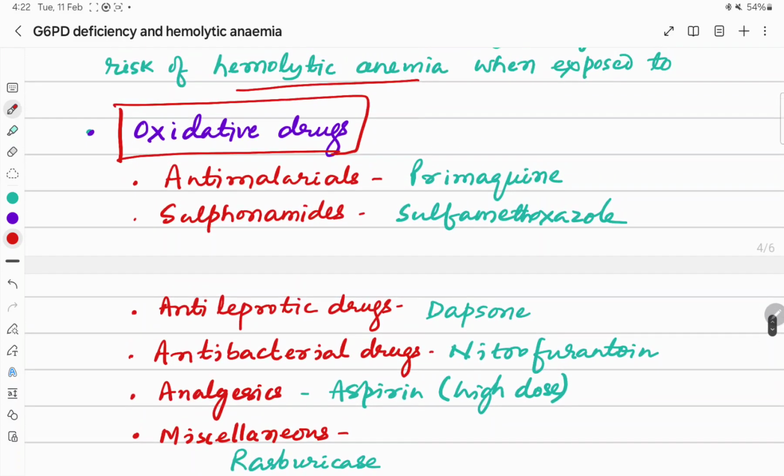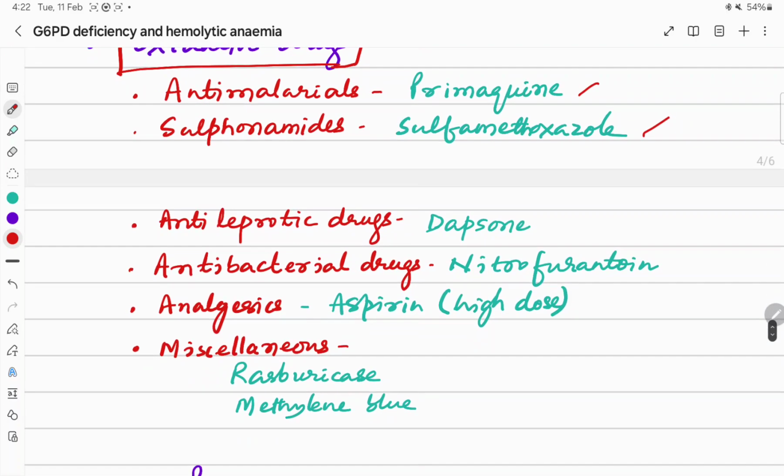And let us discuss what are the oxidative drugs which can cause hemolytic anemia in G6PD deficiency. Antimalarials like primaquine, sulfonamides like sulfamethoxazole, antileprotic drugs like dapsone, antibacterial drugs like nitrofurantoin, analgesics like aspirin in high dose, and other drugs like rasburicase, methylene blue, etc.